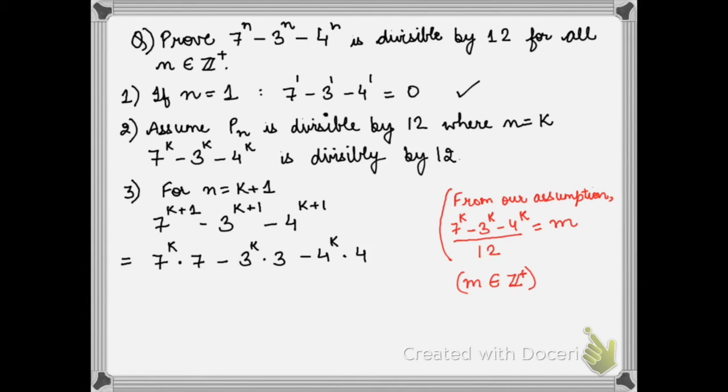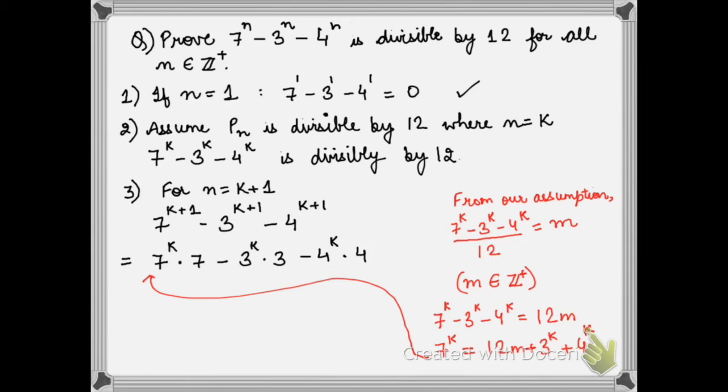And now we can rearrange this equation and write 7 to the power of k minus 3 to the power of k minus 4 to the power of k is equal to 12 times m, and 7 to the power of k is then equal to 12m plus 3 to the power of k plus 4 to the power of k. And now that we've got it, we can substitute that back in this equation.